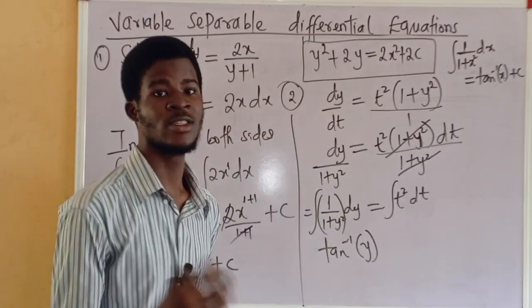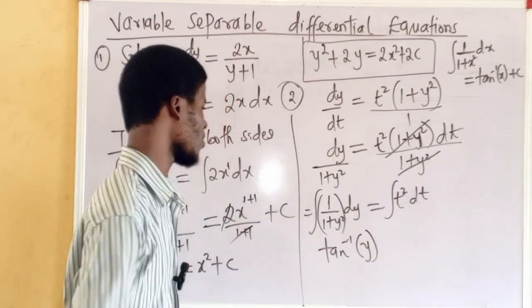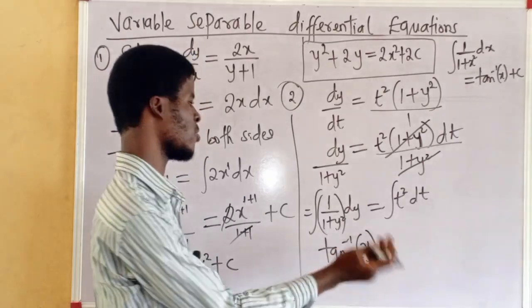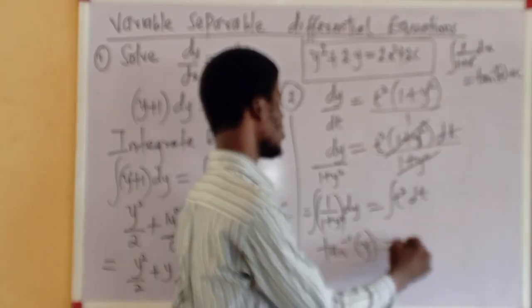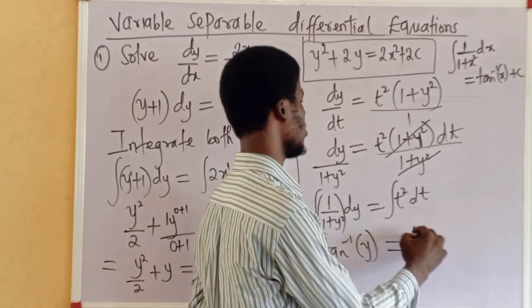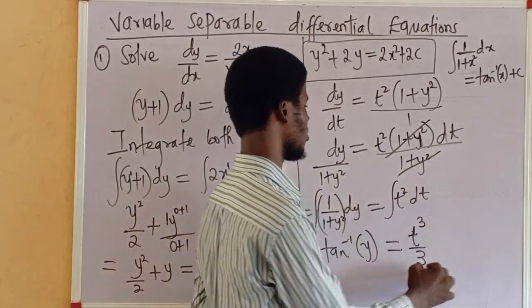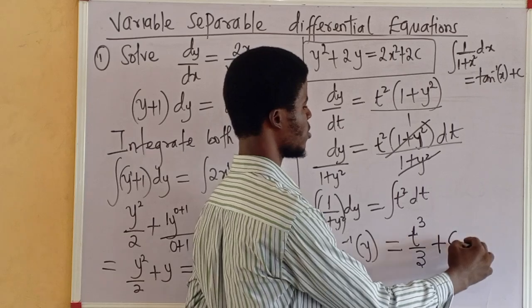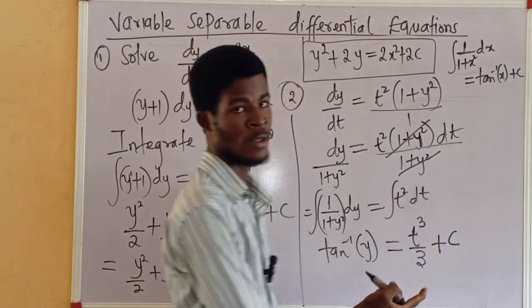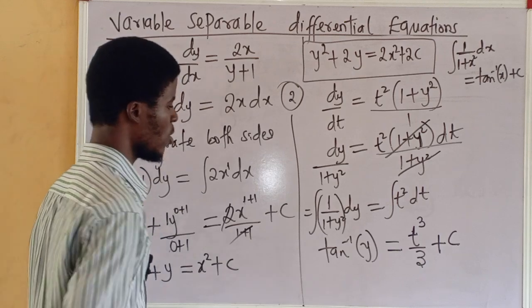So it is a standard integral. The integral of 1 over 1 plus y squared is arc tan y, or tan inverse of y. And the integral of t squared dt is t cubed over 3 plus the arbitrary constant c. That is, add 1 to the power and divide by 2 plus 1. And so this is what we have.